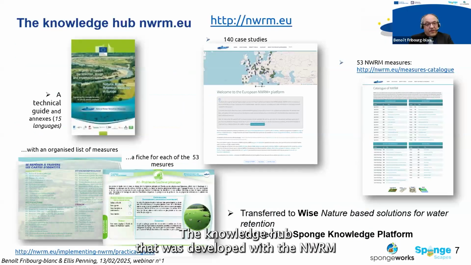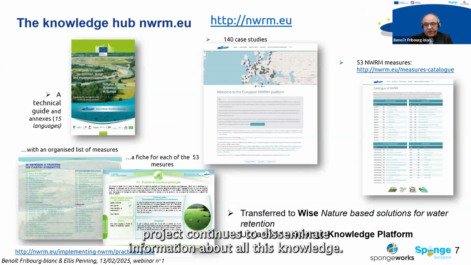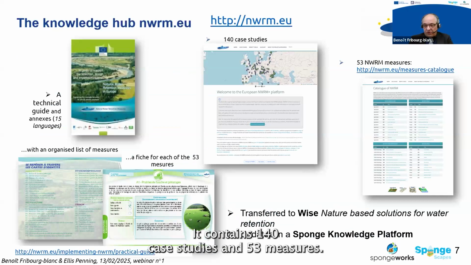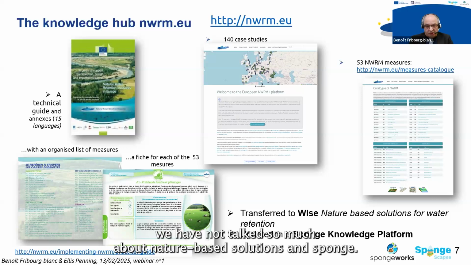The knowledge hub that was developed with this NWRM project continues to disseminate information about all this knowledge. There are 140 case studies and 53 measures. So we worked a lot on NWRM in the years when we did not talk so much about NBS and sponge.